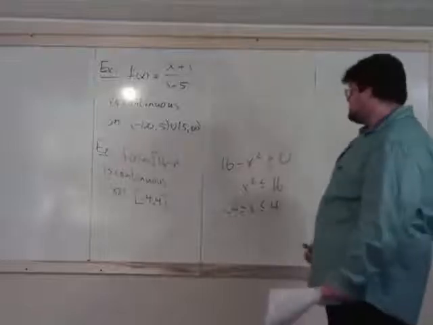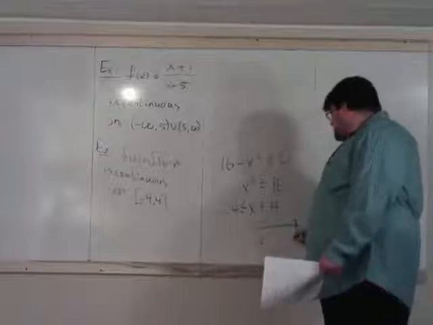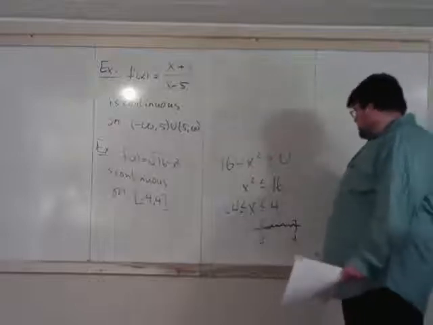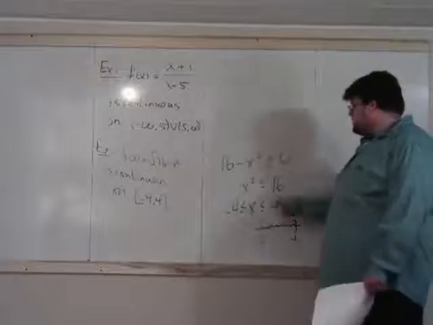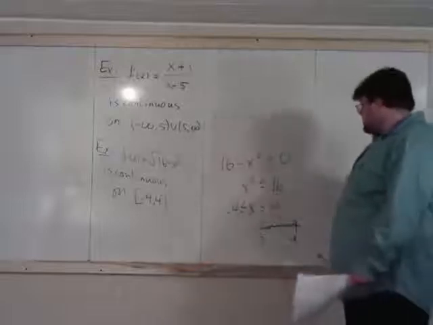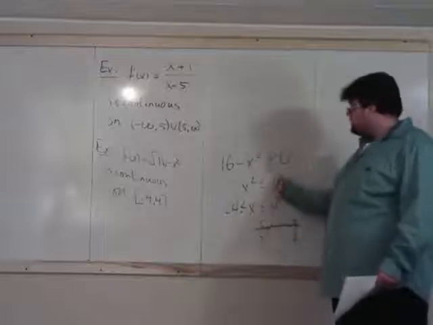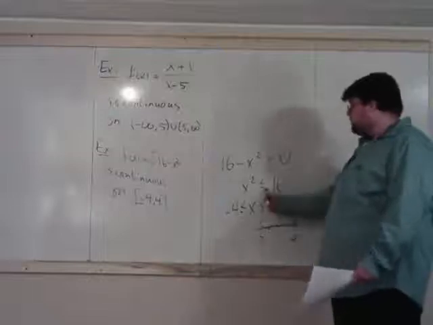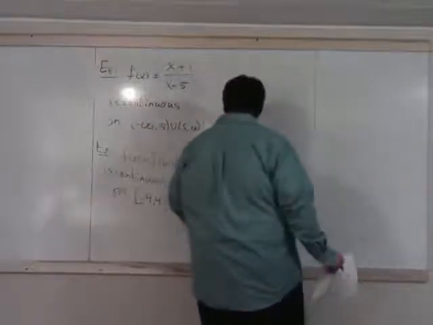Think of numbers with squares less than 16. A number outside, like 4.2 or 4.3, squared is going to be larger than 16. Similarly, -4.2 squared is larger than 16. But inside, 3 squared works, 2 squared works, 1 squared works, -2 squared works, -3 squared works. And of course, 4 and -4 work because they equal. So this is continuous on its domain as well.